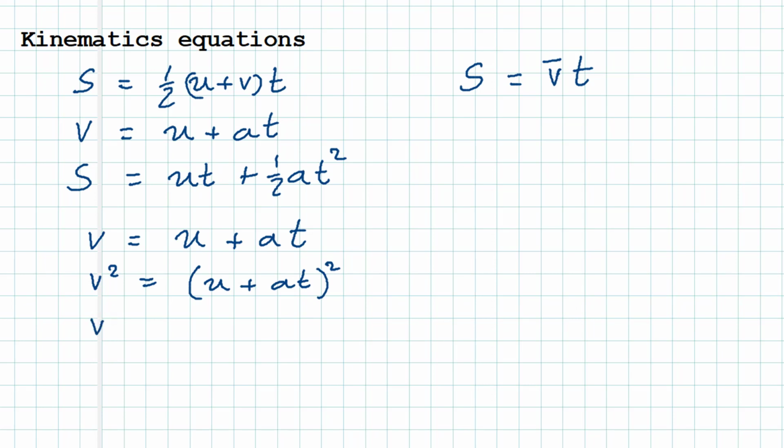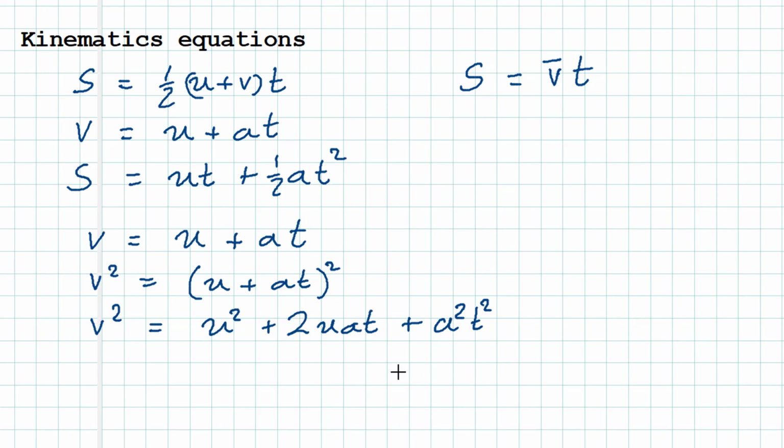So this gives us v squared equals, and we multiply out the brackets, first term squared, u squared, plus double the two terms multiplied together, so it's 2uat, and plus this term squared, a squared t squared. Now that a squared t squared is very similar to our equation up here, ut plus a half at squared. And in this part we can see that it's hidden in there. We have a u, we have a t, ut, we have an a squared and a t squared. Well, we've got an a and a t squared there.